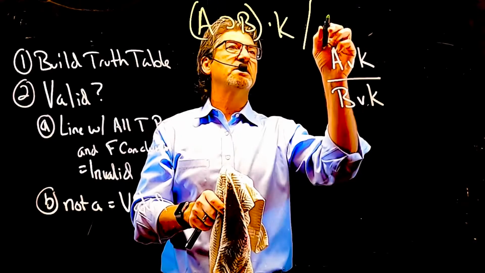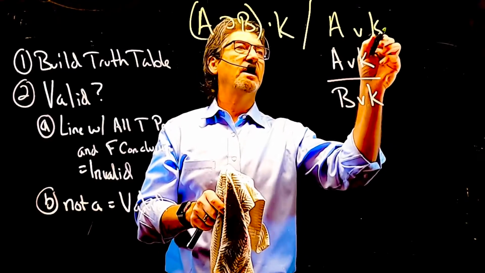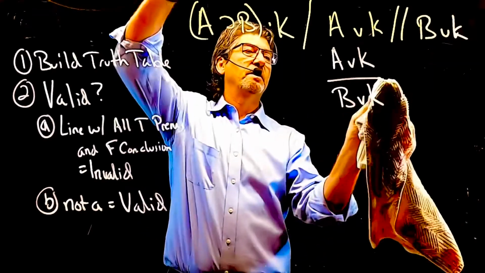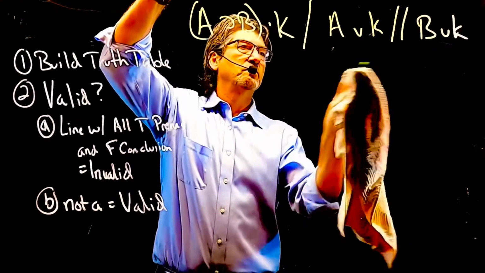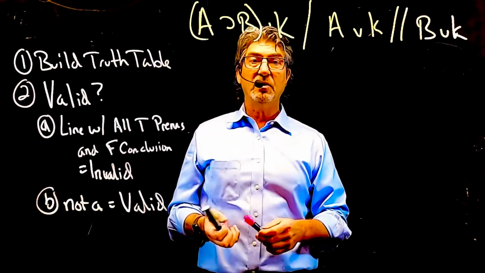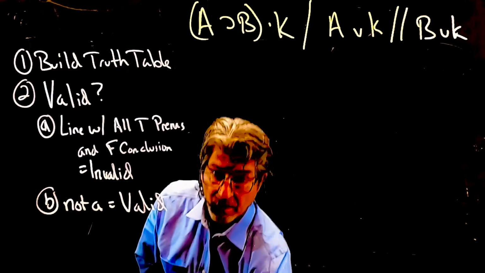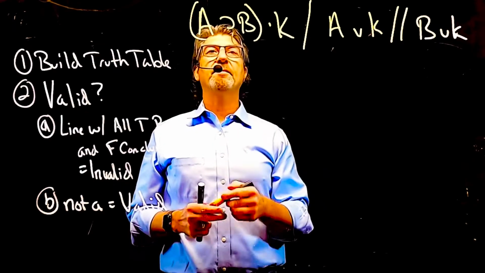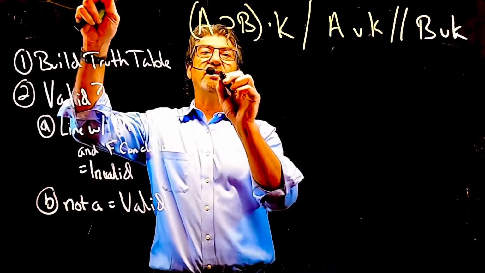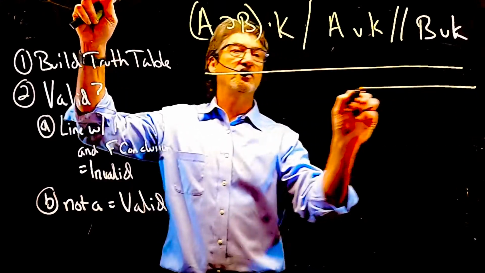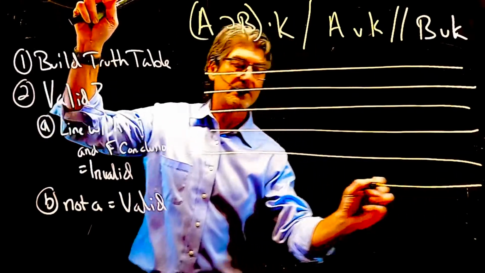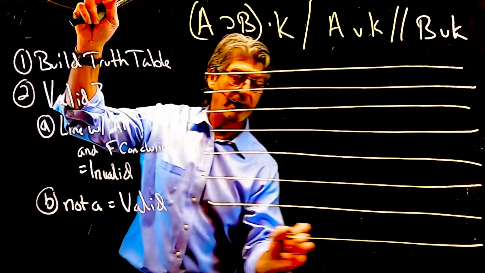Slash, your next premise is A wedge K, and then your conclusion, B wedge K. Now, how many different letters do we have? Well, we have 3 letters, A, B, and K. 2 to the 3 is 8, so we have 8 lines. 1, 2, 3, 4, 5, 6, 7, 8.